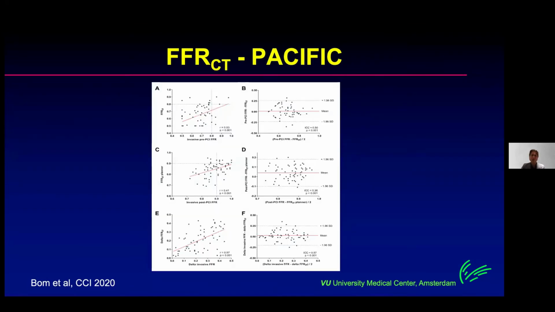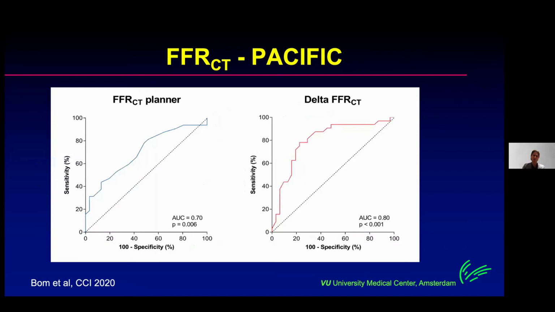I think this slide shows it all. It's still a bit of a beta version. You can sort of predict what the FFR is going to be after you place a stent, but it's not all that accurate yet. On the other hand, I think this is a good step forward in terms of getting the technology to improve whether we should or should not do interventional cardiology in this type of patients.